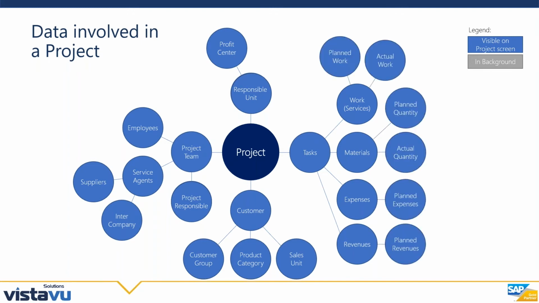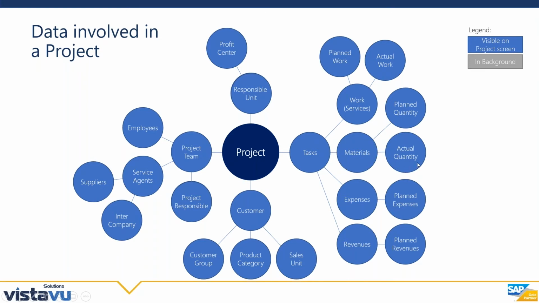Exploding this out just a little bit more, we'll see when we get into the system that in each of these areas, there's the ability from a project planning perspective, as we start setting up the project and preparing to start delivering it, we can define planned values. So we'll see that in work. We can define how many hours we expect to be providing for each of the services under the tasks. Same thing under materials.